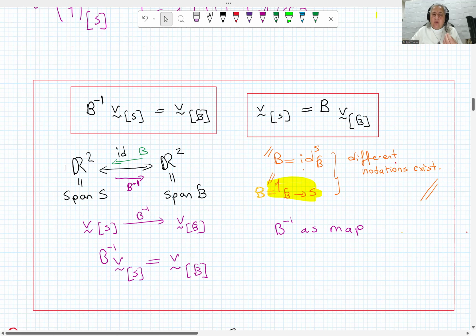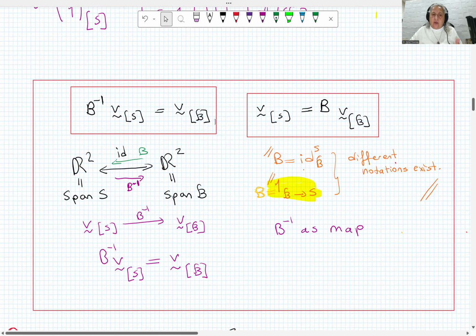We think of this R squared as a span of the standard basis. We think of this space as a span of B. The vectors here are expressed as coordinate vectors with respect to S. Here in this space, we are expressing our vectors as coordinate vectors with respect to B.